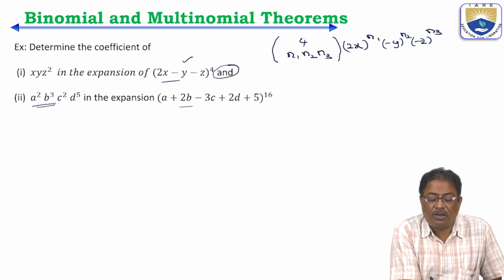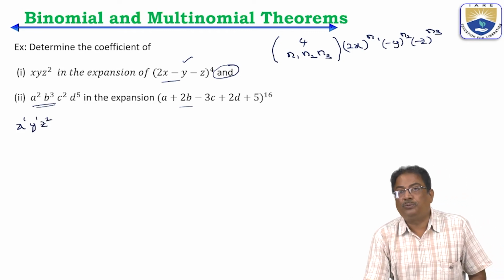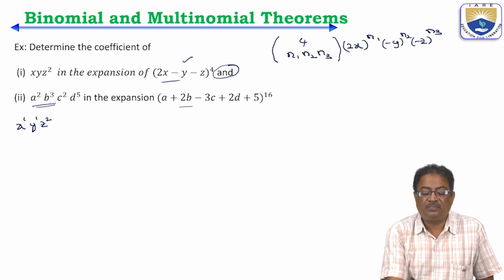See, here we have to compare x to the power of 1, y to the power of 1, z to the power of 2. So in that way, directly I am going to substitute n1 equals 1, n2 equals 1, n3 equals 2.